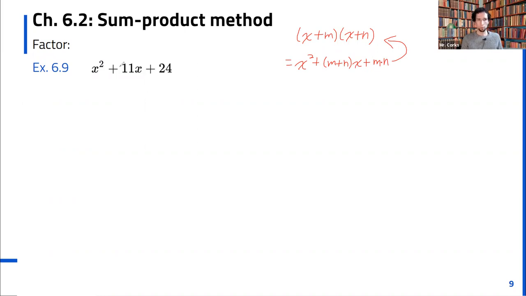So again, a is 1. That's very important for this. Check that. And then we look at the b value here in the middle and the c value here on the end. And we know we must have this relationship. We're looking for two numbers that add together to give 11, but will multiply together to give 24.